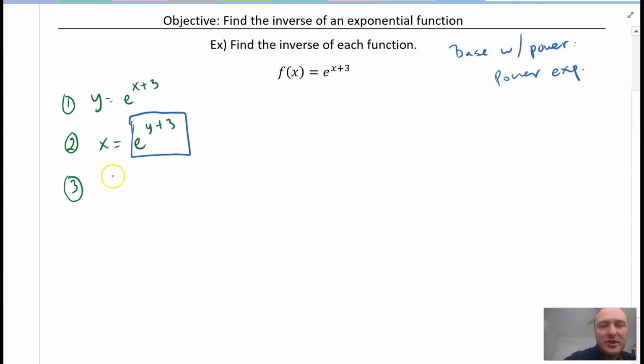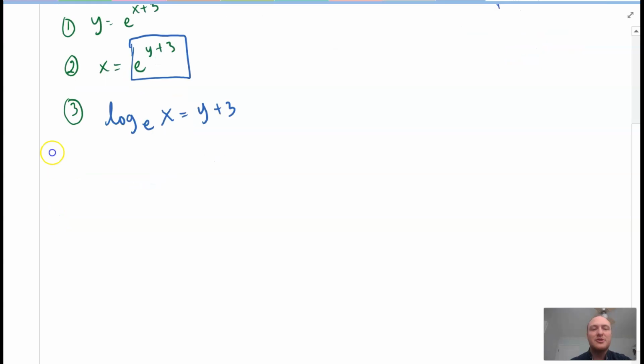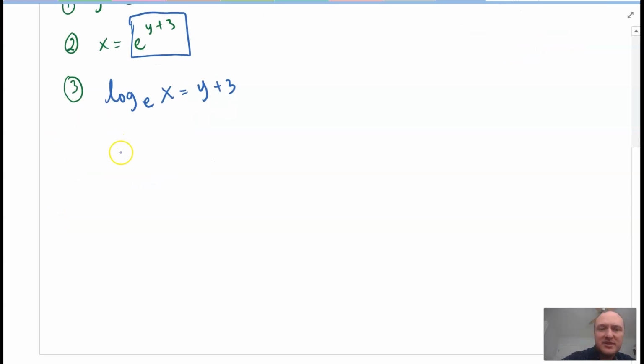Okay, so I want to switch, and that's going to be log base e, which I'll adjust in a moment. Inputs and outputs switch. So I have log base e of x is equal to y plus 3. Now I'm just going to switch this, right? Log base e, that's known as the natural log of x is equal to y plus 3.